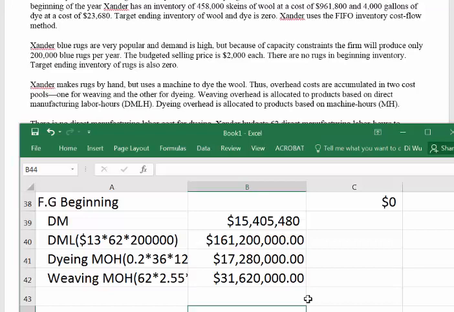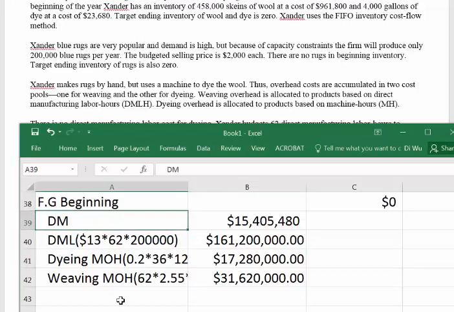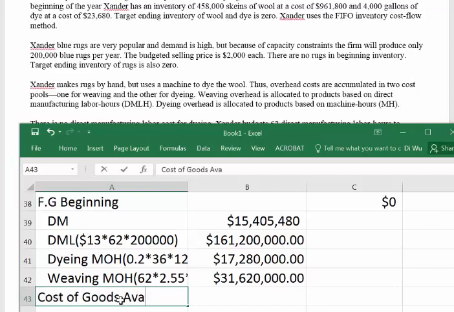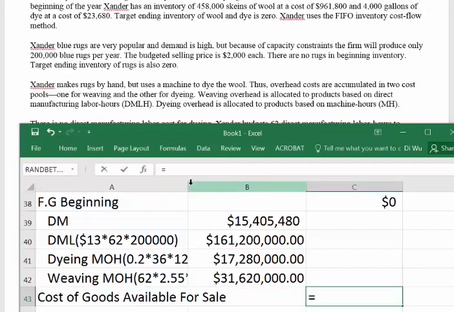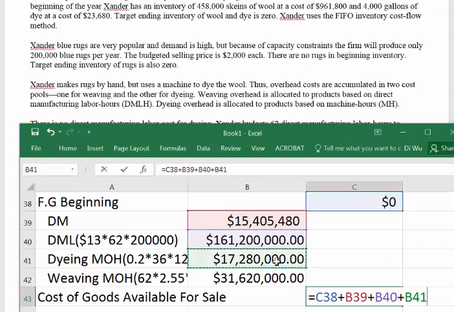Now we are going to calculate all these numbers. I'm going to call that cost of goods available for sale. I'm going to add all of them, because you're going to sell all of them.